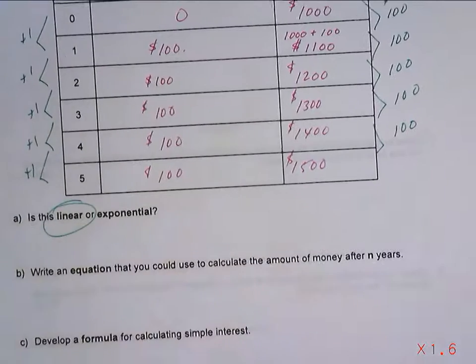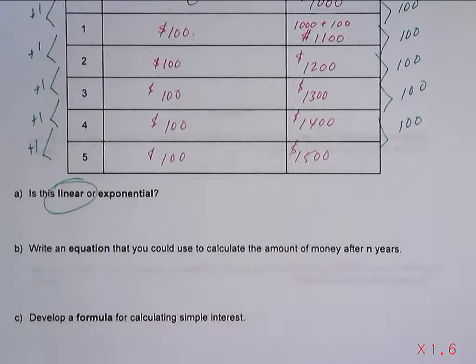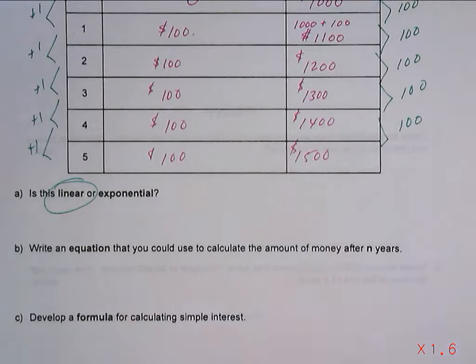Write an equation that you could use to calculate the amount of money after n years. Well, after n years, you would have your initial amount plus 10% of your initial amount times the number of years that it was in there.